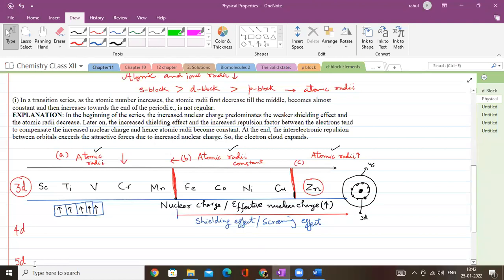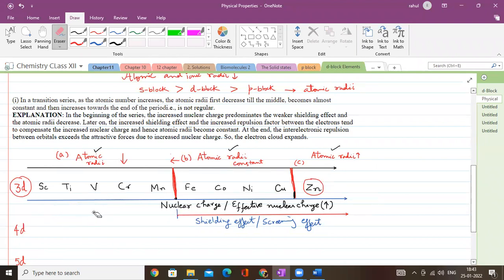But if I am not wrong, there is one thing which I have discussed just now. Whenever I try to move from left to right in 3D series, there is one thing which is actually increasing from left to right, whose main motive is that somehow the atomic radii should be decreased.